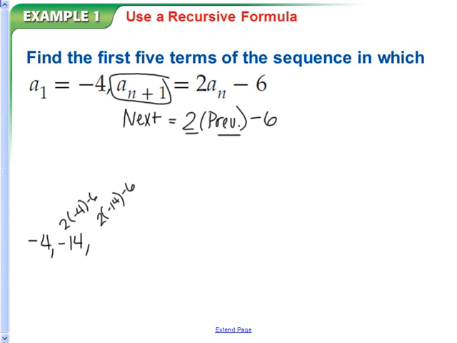So 2 times negative 14 minus 6, negative 34. 2 times my previous, minus 6. Two times my previous, which is negative 74, minus 6, negative 154.